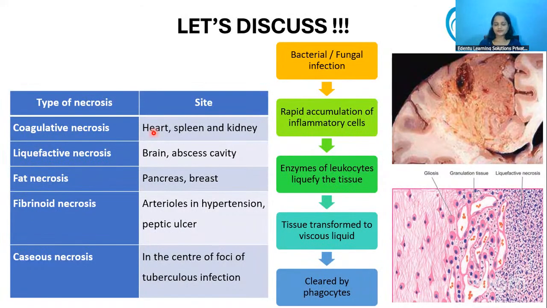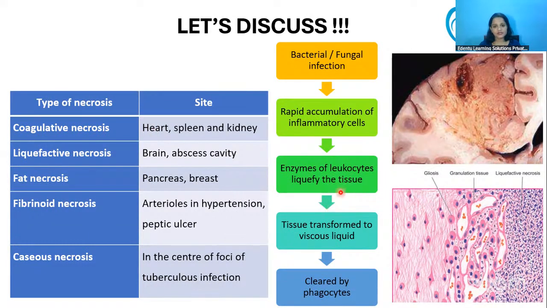So in case of liquefactive necrosis, what is happening is that because of some kind of infection or some kind of traumatizing agents, there will be lots of accumulation of inflammatory cells and leukocytes.